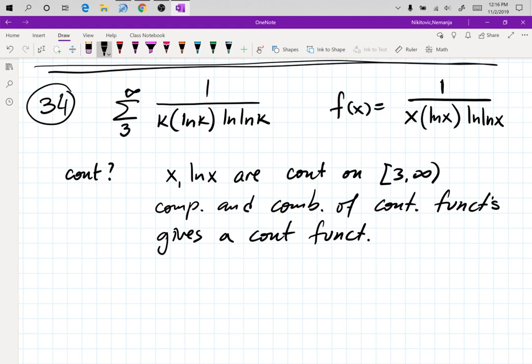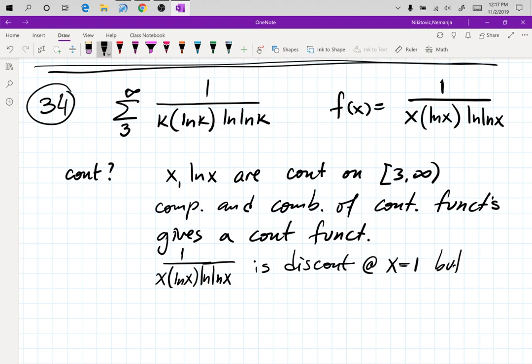And finally, we reach the fraction, right? 1 over x ln of x is discontinuous at x equals 1. But we are on 3 to infinity, so we're good, right?